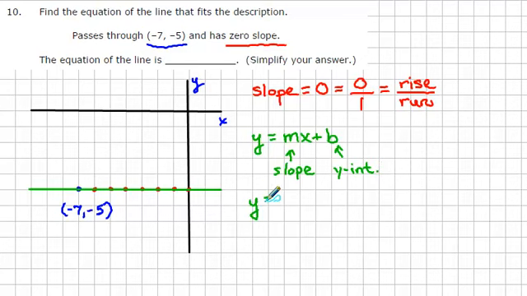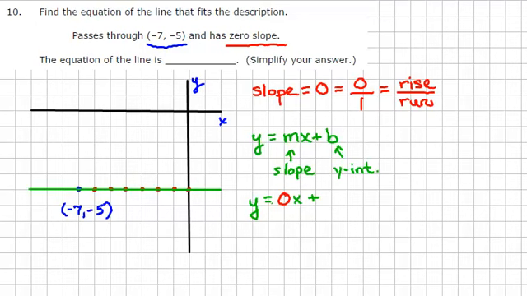So we have y is equal to, our slope is given to us as 0. So we'll substitute 0 for the slope. And then multiplied by x plus the y-intercept.